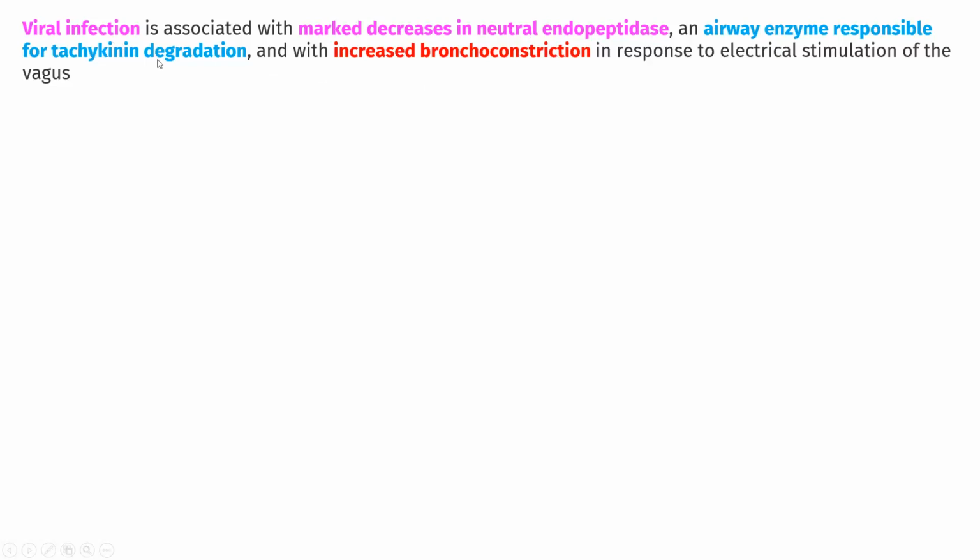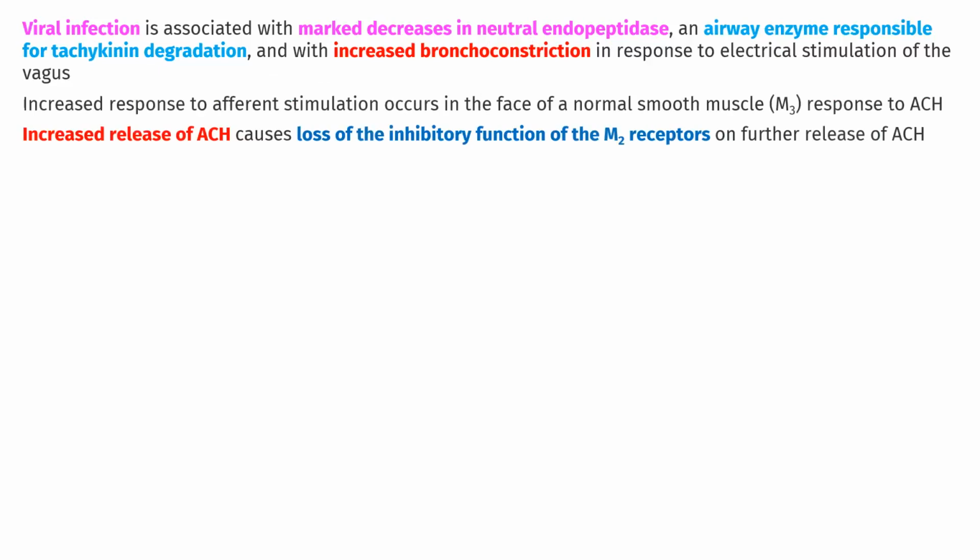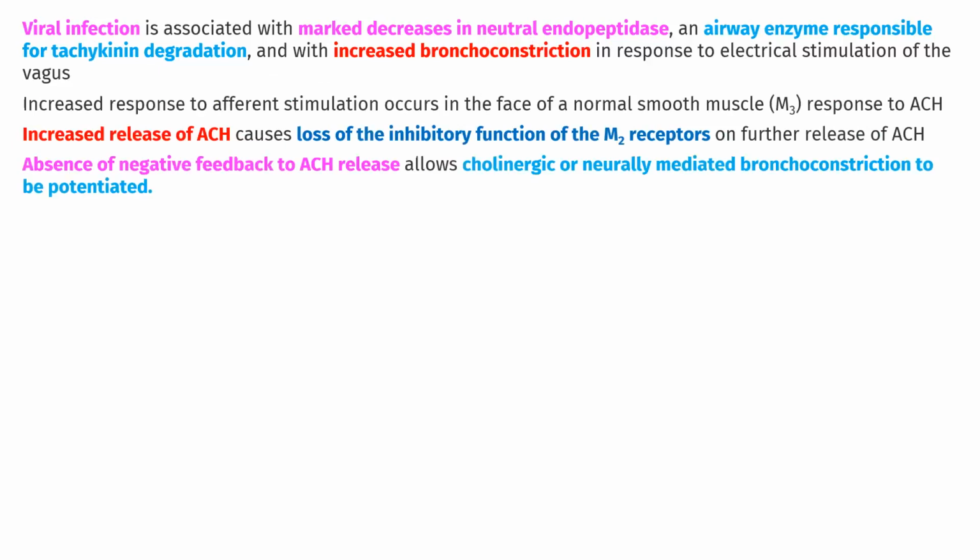Because that endopeptidase level is decreased in viral infection, the amount of tachykinin increases, and this increases the bronchoconstriction. The increased response after stimulation happens even if there is a normal smooth muscle muscarinic receptor, which is again the point I told you: loss of inhibitory function of the M2 receptor and absence of the feedback mechanism.